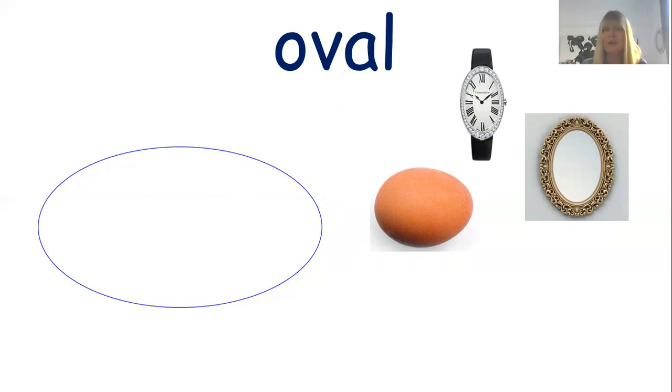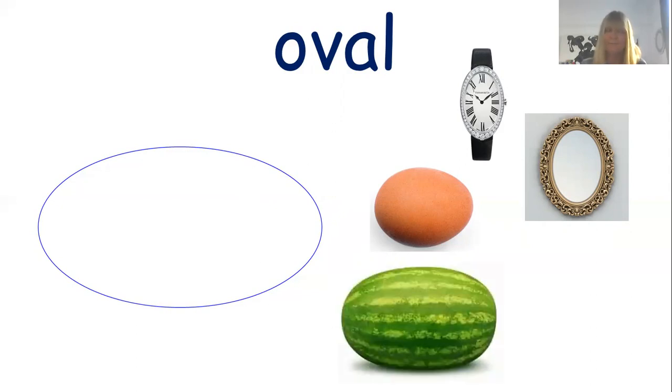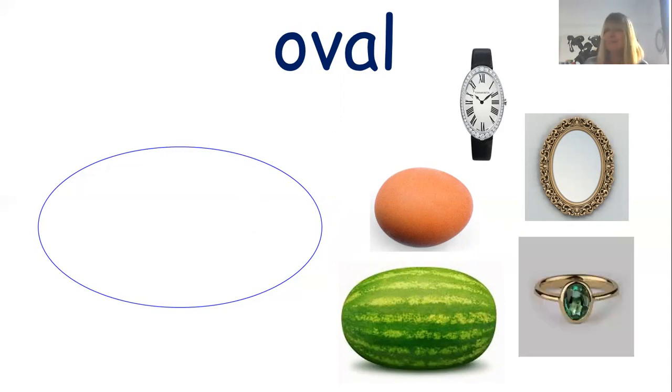An oval shaped mirror. Yes, a watermelon is a bit of an oval shape, isn't it? Last up, a ring. Lots of rings are oval shaped. And you know what? Looking at you here, I can see lots of oval shapes because our face is often described as an oval shape.